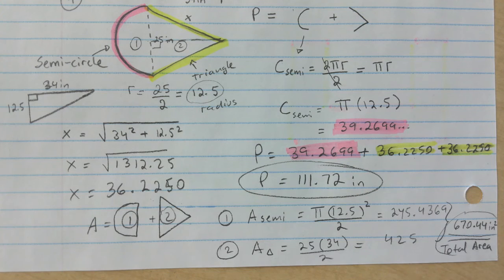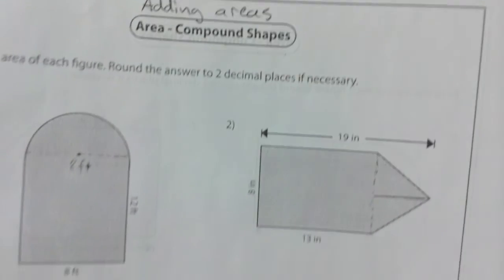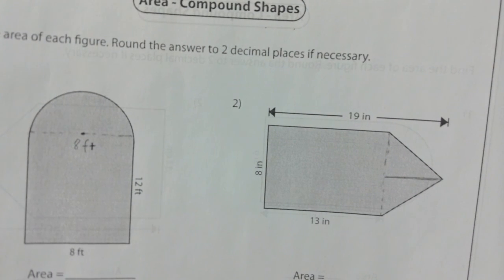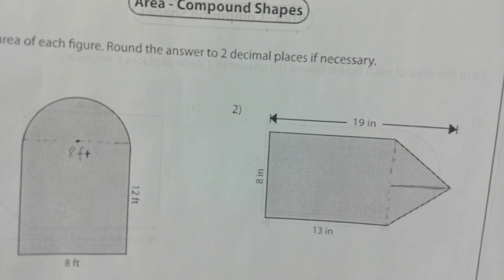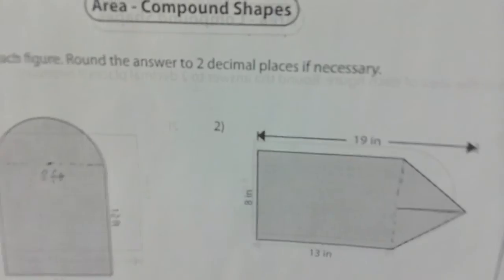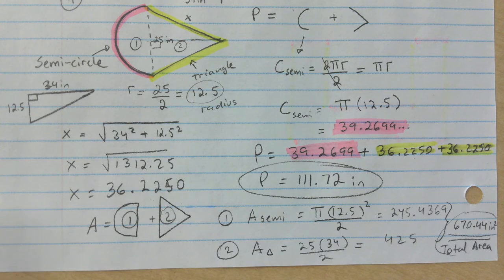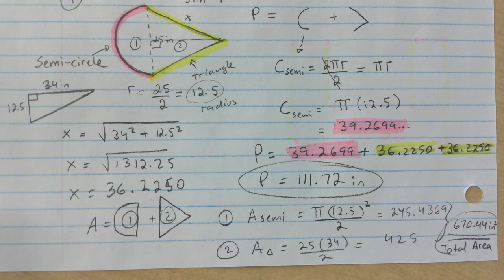What we're going to do now is don't worry about perimeter just now. We're going to do the areas first, and then we're going to take this one and also find the perimeter of them as well. But the first time around, you just do areas. So if you're online, go to Google Classroom, and I will post it right now so you can see.